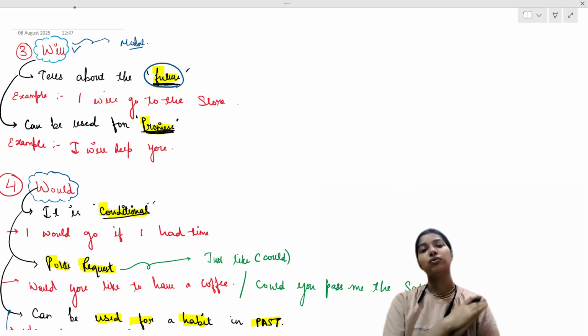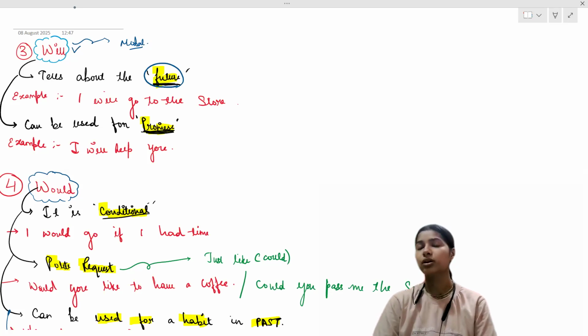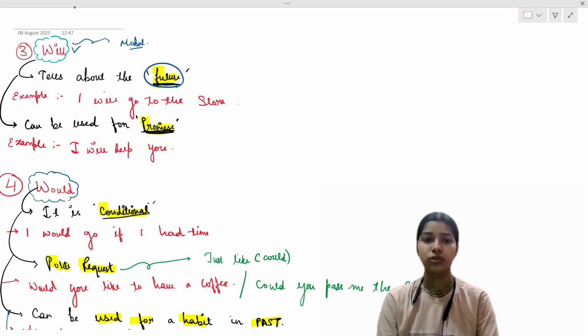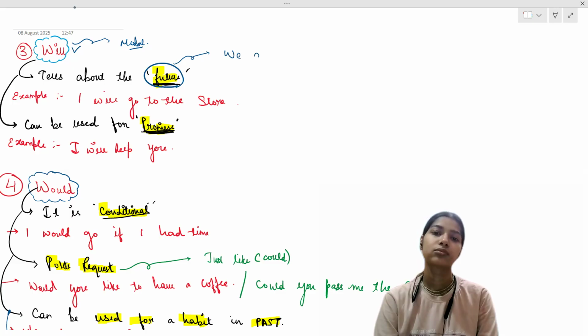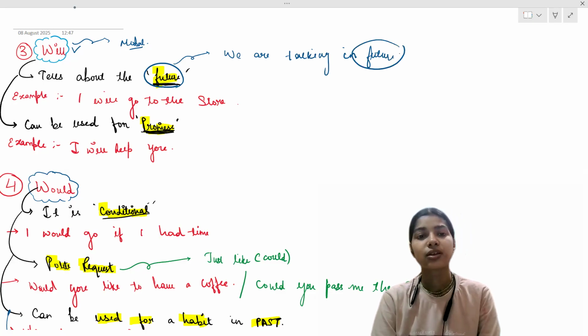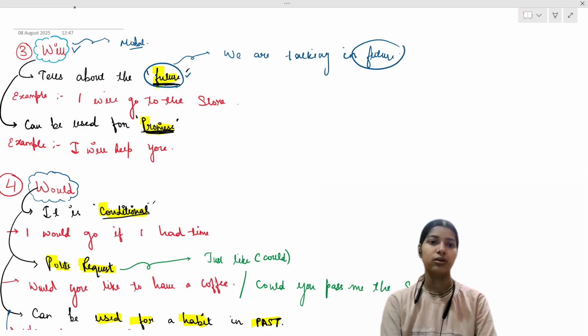Whenever we are using will, we talk about the future. We don't talk about the past. We don't talk about the present. We talk about the future. Any conversation in which we are using will is going on for the future.